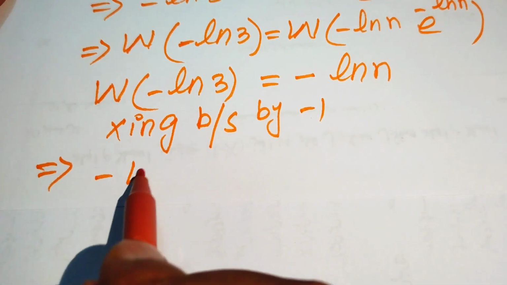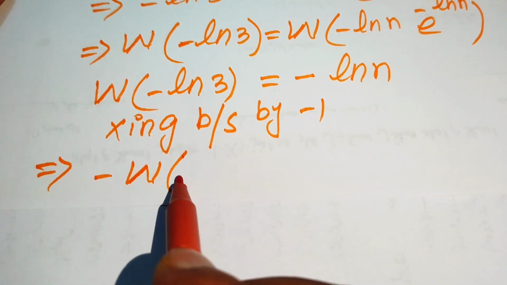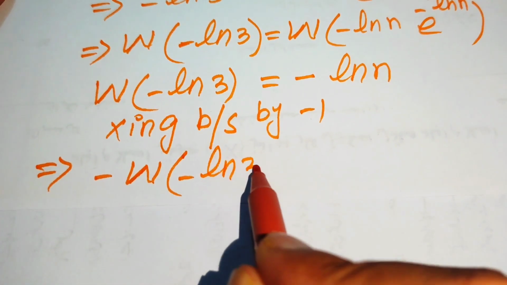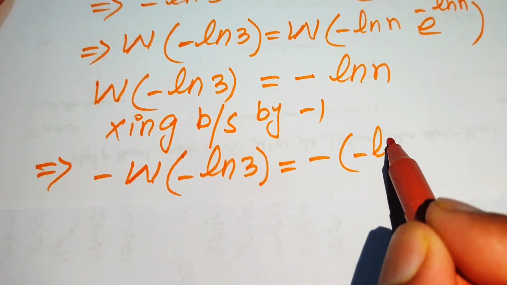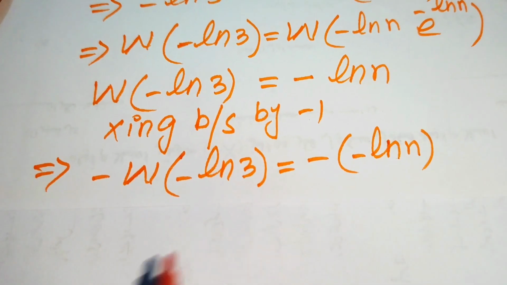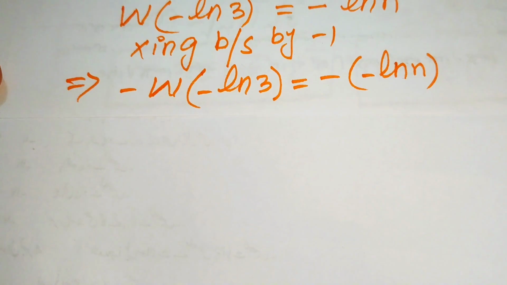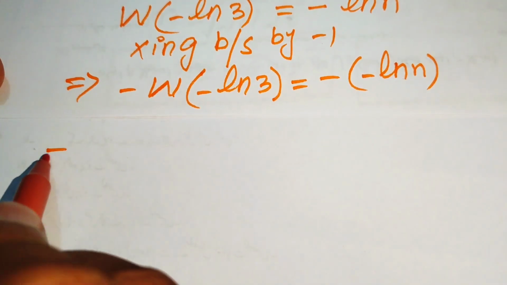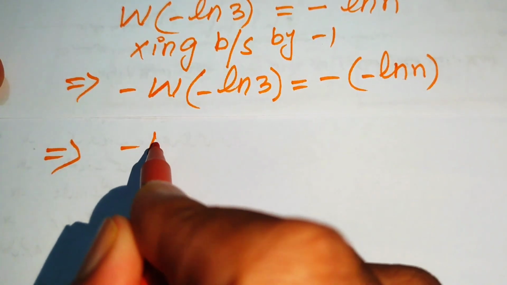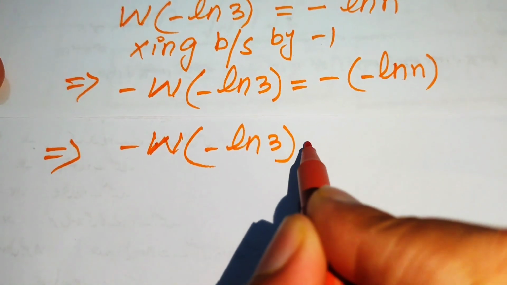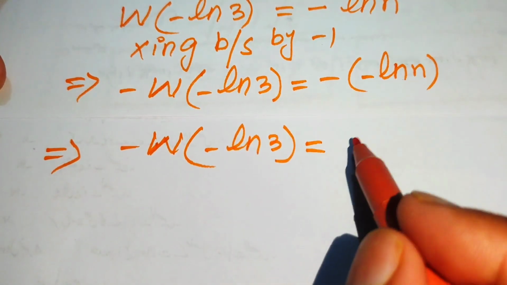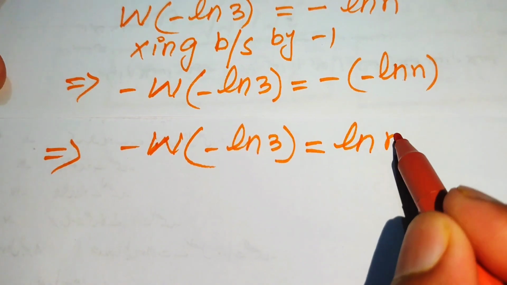It will be written as minus W of minus log 3 equals minus times minus log n, and this minus times minus becomes plus log n.